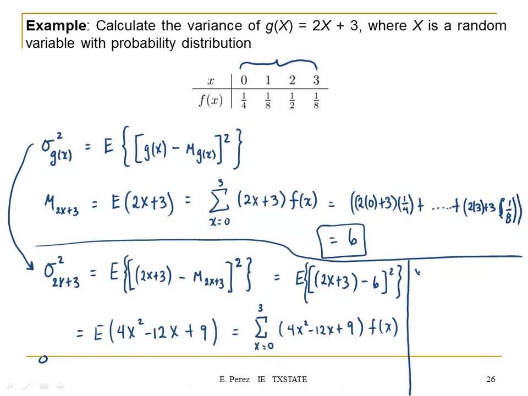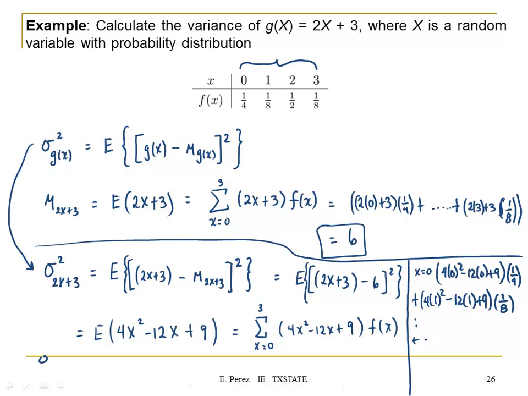So for x equals 0, you will have 4 times 0 squared minus 12 times 0 plus 9, times 1 over 4, plus 4 times 1 squared minus 12 times 1 plus 9, times 1/8. Then you go to the last term.